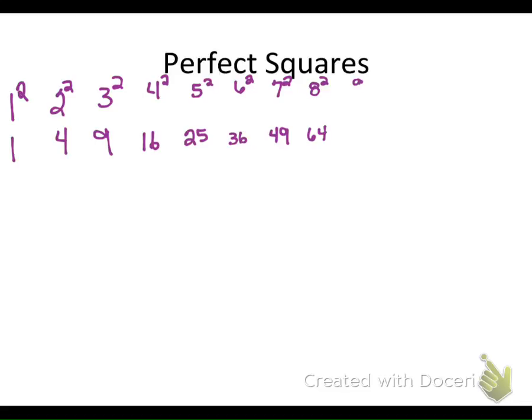Then we have 9 squared, 81. 10 squared, 100. 11 squared, 121. And 12 squared, 144. These are all going to be very important information that you have. So we have the first 12 perfect squares.